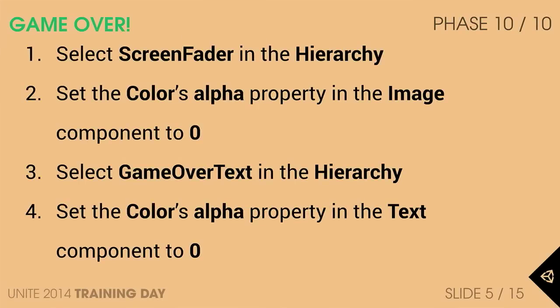The color alpha on the image of screen fader needs to be 0, and the color alpha on game over text's text component also needs to be 0. So at the start of the game, these aren't there. And we're going to use animation in just a second to animate those in, make them look cool, and we're going to create a state machine for when the game ends. Everything is going to be wonderful.